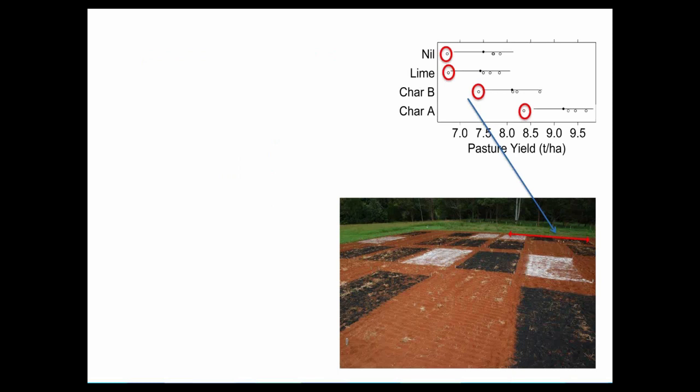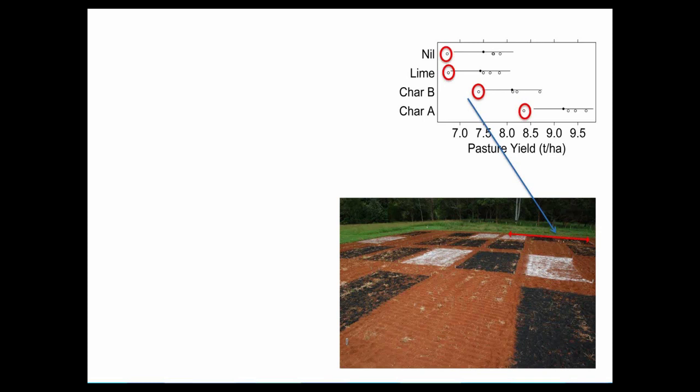Specifically, those results were taken from a cluster of plots at the back or lower part of the trial. And for reasons I don't want to go into in great detail, those specific plots had clear issues in terms of their ability to produce pasture.